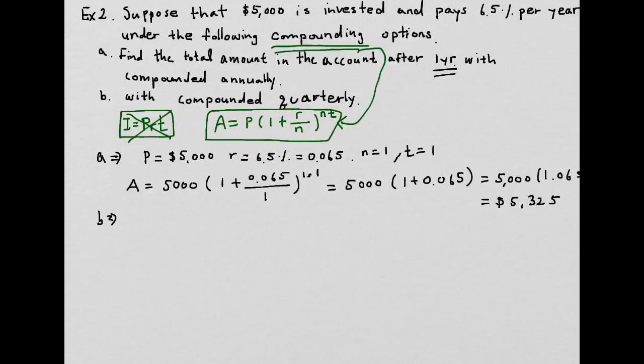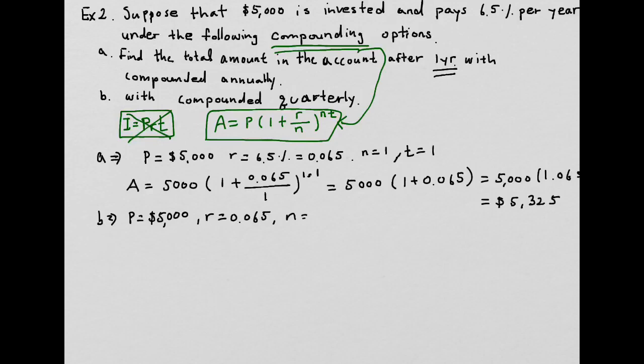So then let's look at the second one. What about if it's with compounding quarterly? Same information, but this time you wanted to compound quarterly, right? So we're going to say P is equal to 5,000, same principal. Your rate is also 0.065.